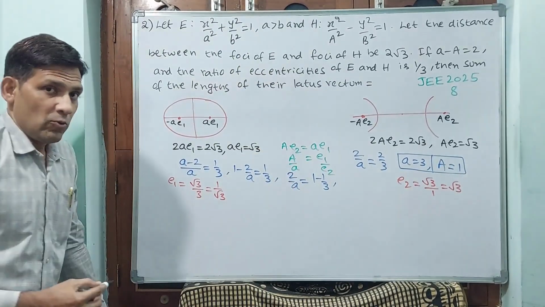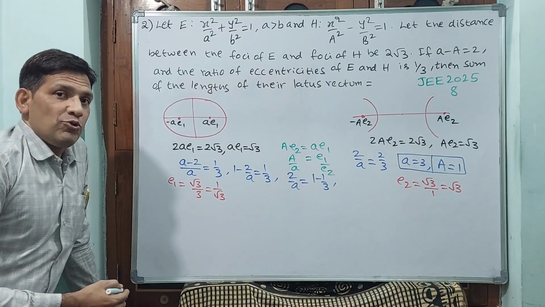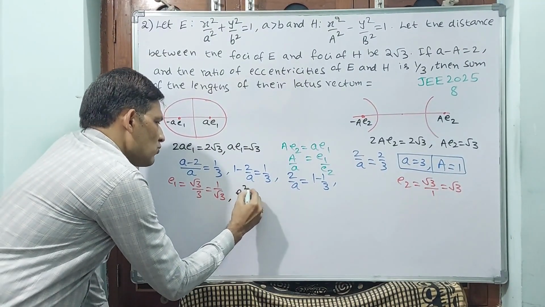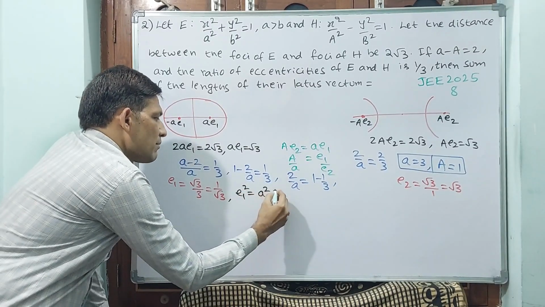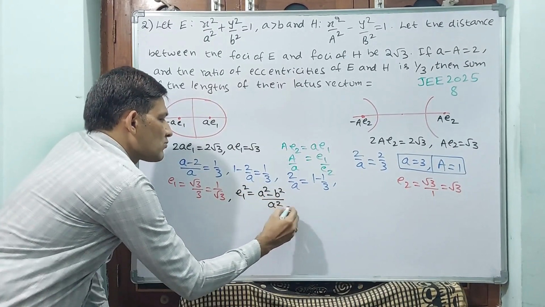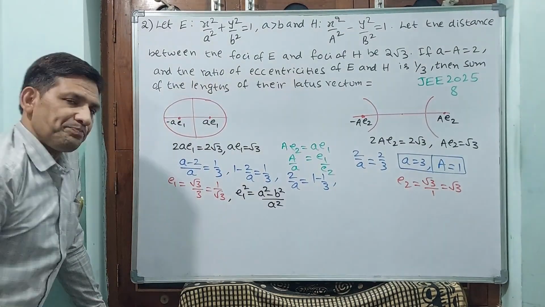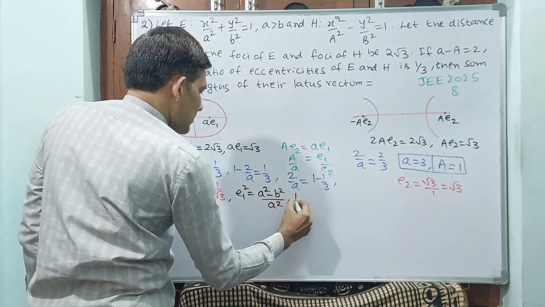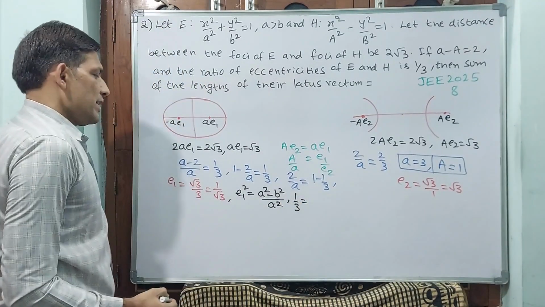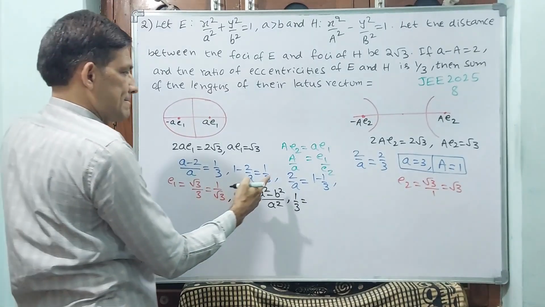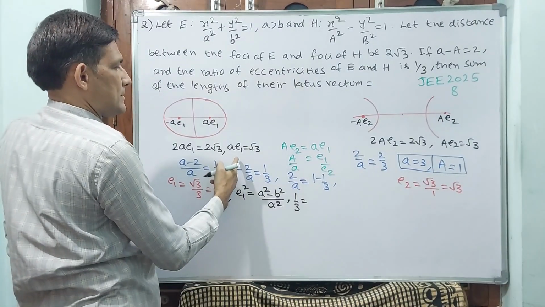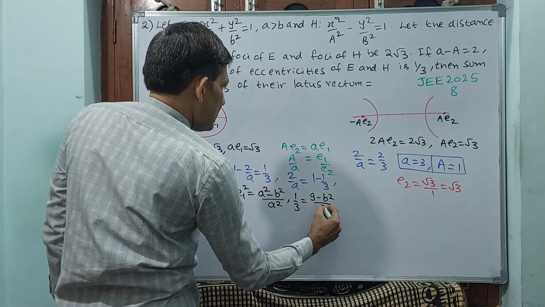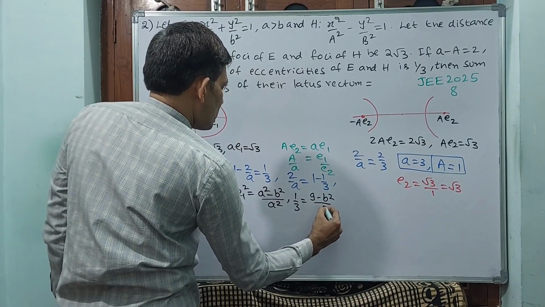Now, for finding the length of latus rectum, you require b, small b. How are we going to find it? E1 square is equal to a square minus b square by a square, because this is on the x-axis. E1 square means 1 by 3, which is equal to 9 minus b square by a square, 9.